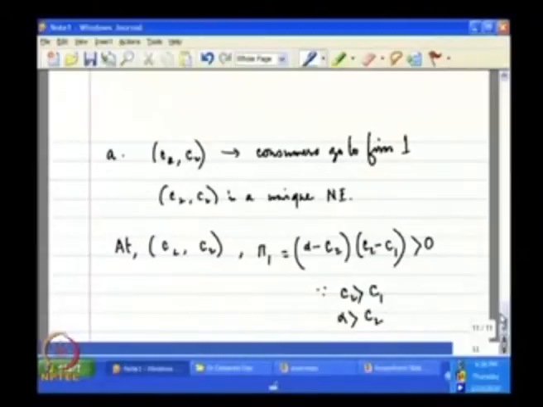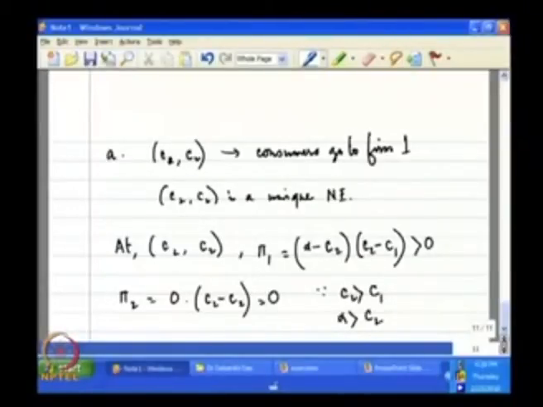So, both the terms are positive, so pi 1 is positive. Pi 2, what about pi 2? Pi 2 is 0 because firm 2 is not getting any part of the market. All the consumers are going to firm 1, so this is equal to 0 multiplied by 0, it is 0. So, these are the profit levels at (C2, C2).